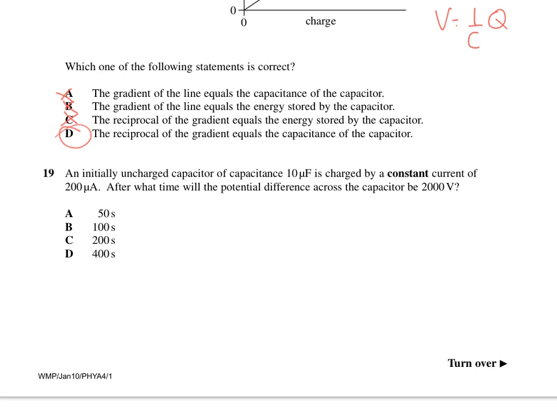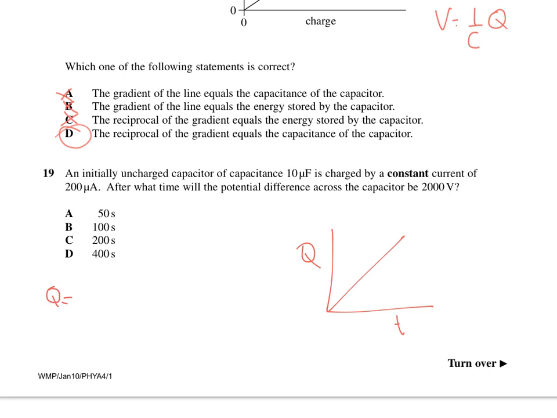An initially uncharged capacitor of capacitance 10 microfarads is charged by a constant current of 200 microamps. So if we did a charge versus time, if you're charged by a constant current, that's going to look like that. After what time will the potential difference across the capacitor be 2000 volts? So what we need to work out is the charge that corresponds to 2000 volts.